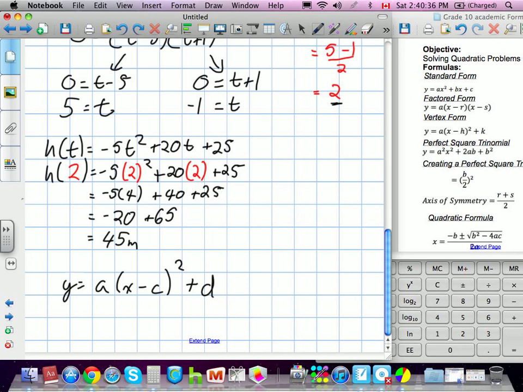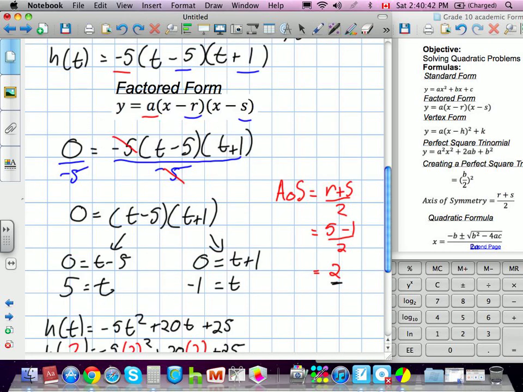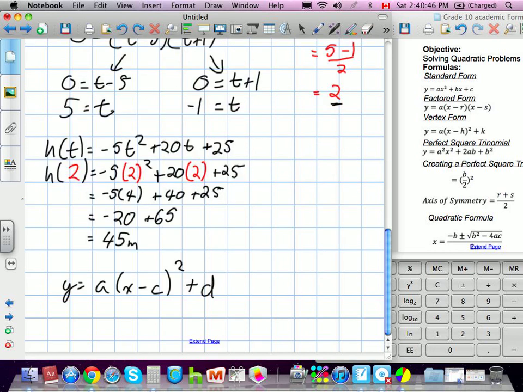Now, we found the a value when we took that common factor out. What was that common factor we took out a while ago when we were factoring? -5. So that is our a value. We discovered that already. Our a value is -5. The vertex was at 2 and 45. So for my c value, I would plug in the number 2. And for my d value, I plug in the number 45.